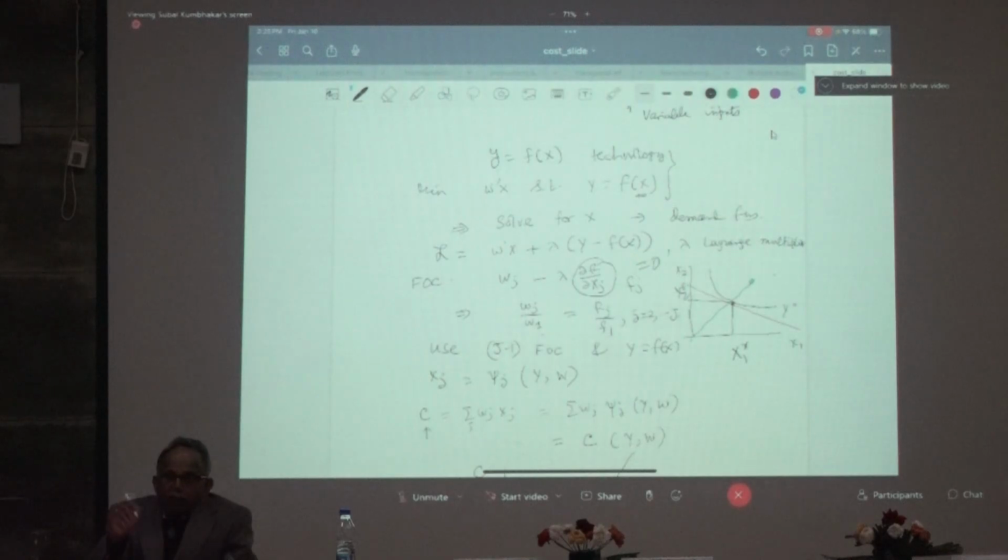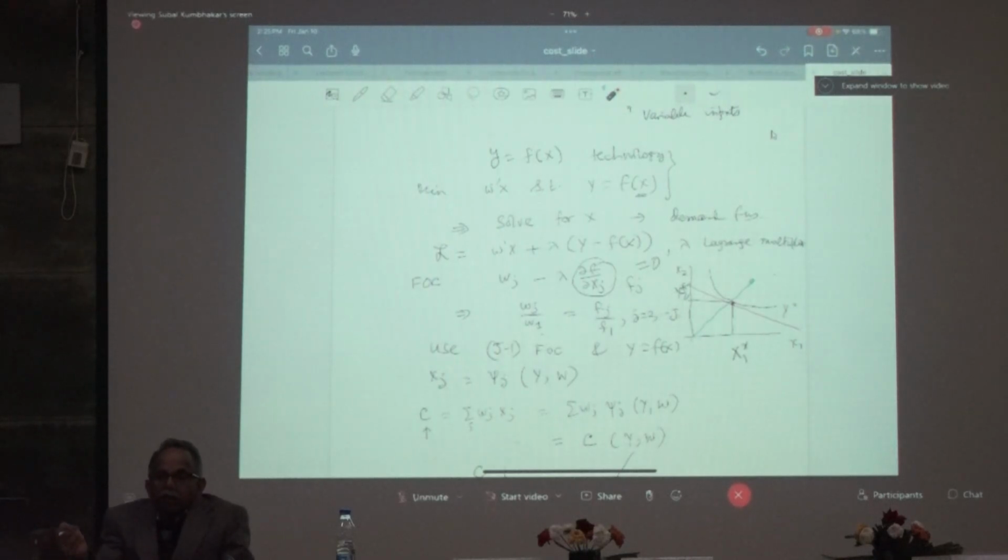Okay. So these are optimal quantities of x1 and x2 that will give you the lowest possible cost to produce the level of output which is given by this y here. Okay. So again, without getting into this two input case, in general we can say that you have J minus 1 equations and this one is 1, so J equations for J x's, and implicitly you can say that the solution of those x's will be a function of what?